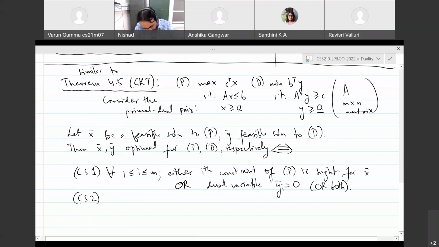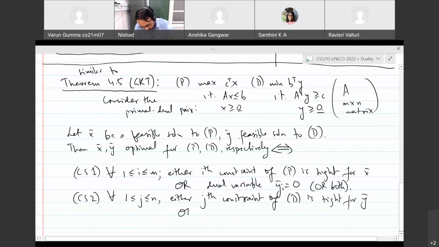And similarly, for all the constraints of the dual, either the jth constraint is tight for the dual solution, or the primal variable xj bar is equal to 0.